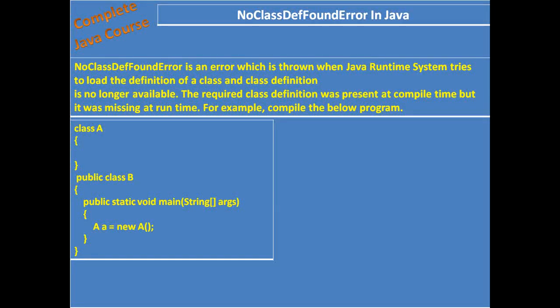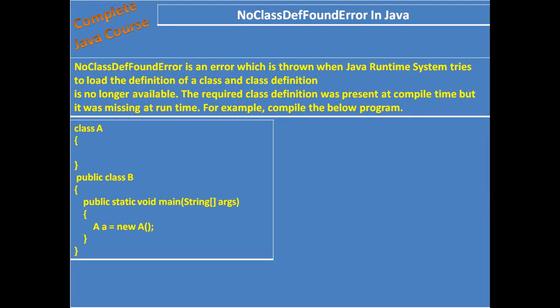Suppose you create a class and you compile it. So a .class file will be created. So at compilation time, the .class file is available. Now what happened? You delete that file or some mistake happened, so that class file was deleted. And now you are trying to run that class. So what happened?